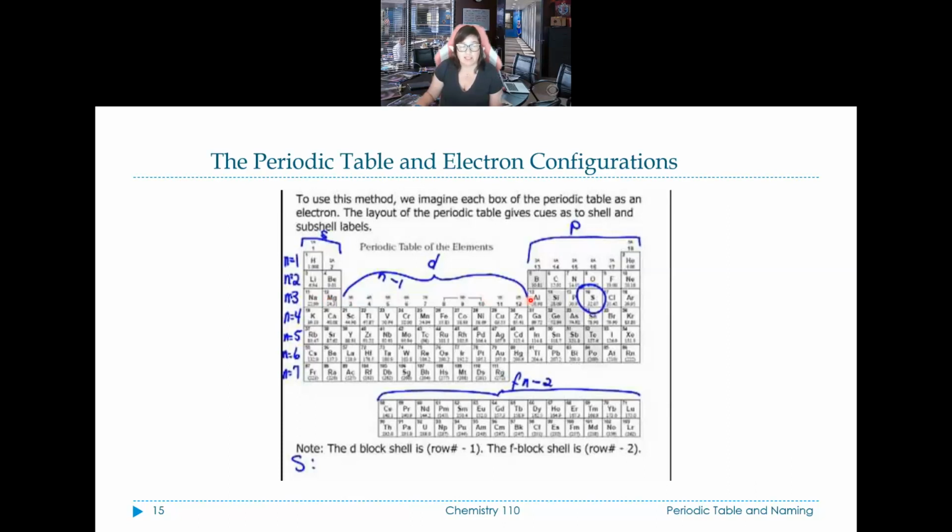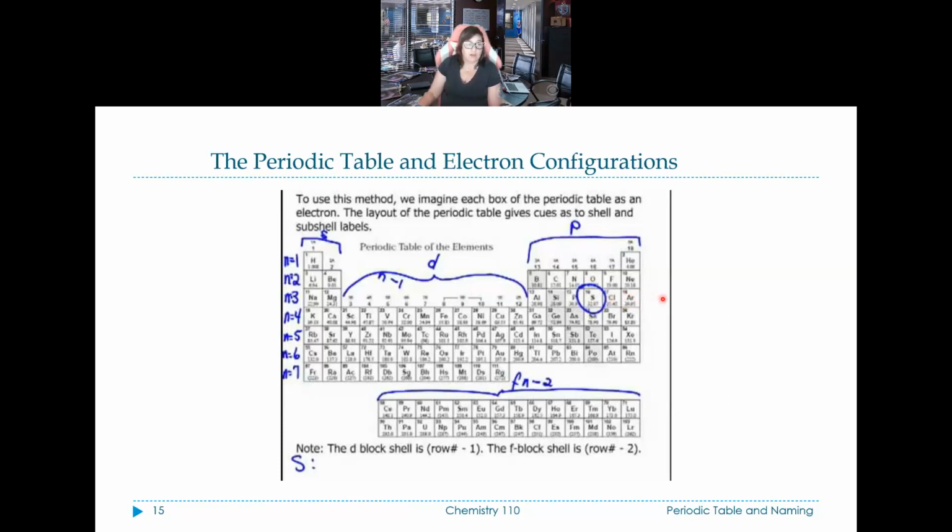And so aluminum is 1s2, 2s2, 2p6, 3s2, 3p1. We then go 3p2 for silicon, 3p3 for phosphorus, 3p4 for sulfur, 3p5 for chlorine, and 3p6 for argon. Okay, so that's how that works.